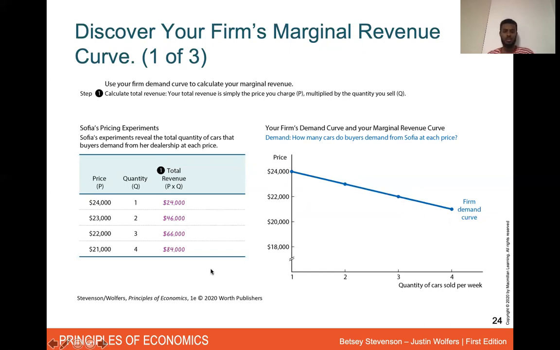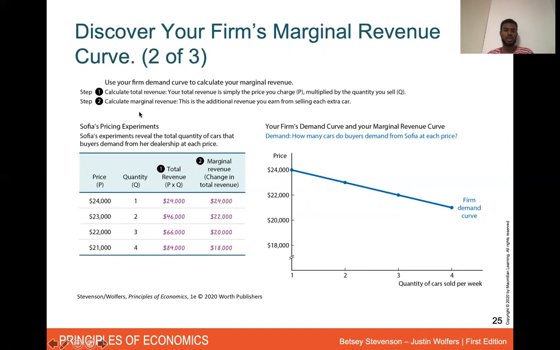And now step two is to calculate the marginal revenue. This is the additional revenue you earn from selling each extra item. At the quantity of one, the total revenue is 24,000, and prior to that you were selling zero, so the change in total revenue is 24,000. At two items, the price is 23,000.